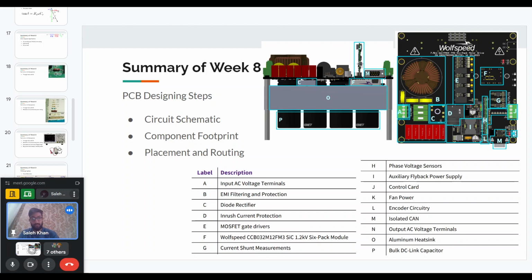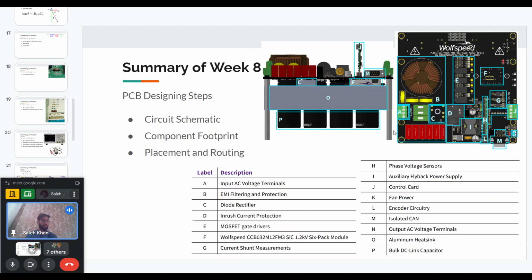It is connected vertically in this case, and then they have different measurement sections as well. On the bottom they have the heat sink and the fans, and they also have the DC link capacitors, the aluminum electrolytic DC link capacitors. So this is how you place the components.